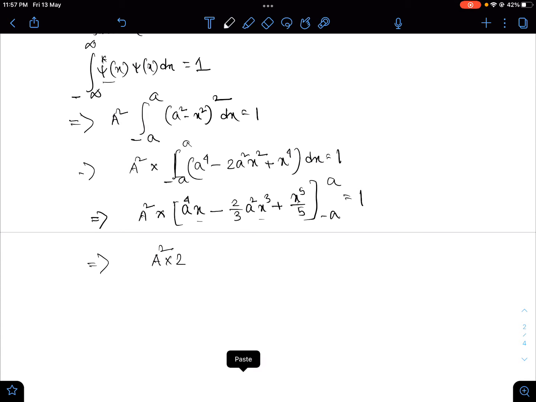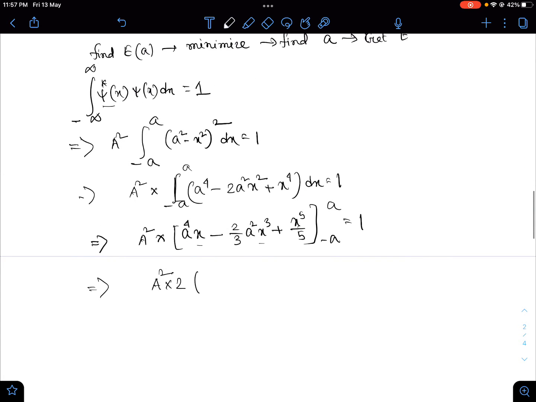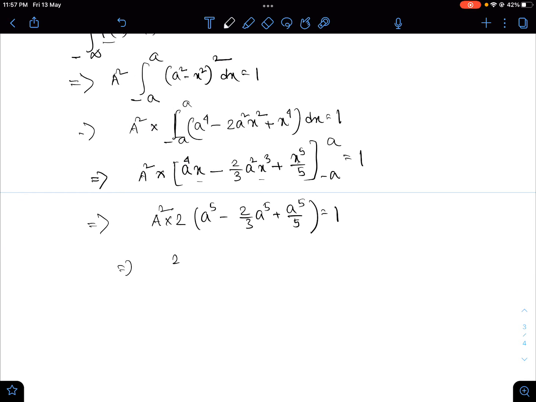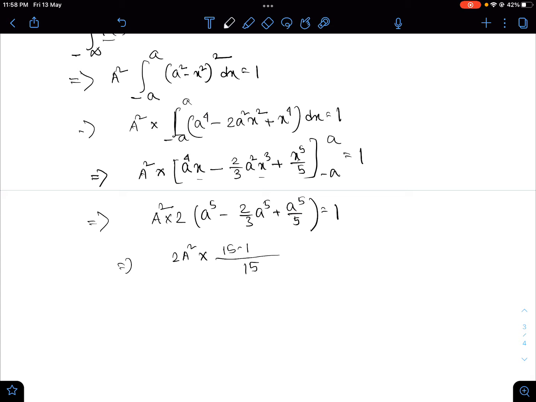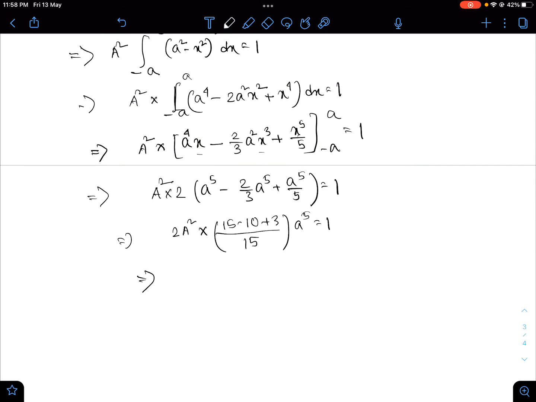If we put in a, then we will have a to the power 5 minus 2/3 a to the power 5 plus a to the power 5 by 5. This will give us 2A squared multiplied by, with 15 as the common denominator, 15 minus 10 plus 3, times a to the power 5. So we get 2A squared multiplied by 8 by 15 a to the power 5, equal to 1.